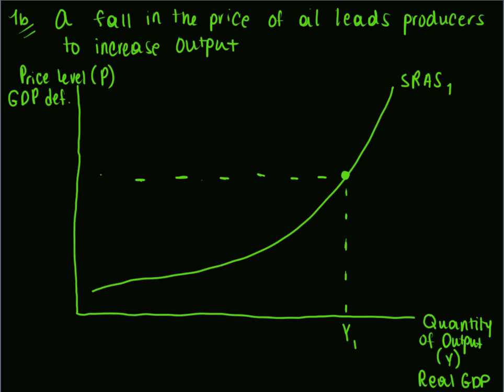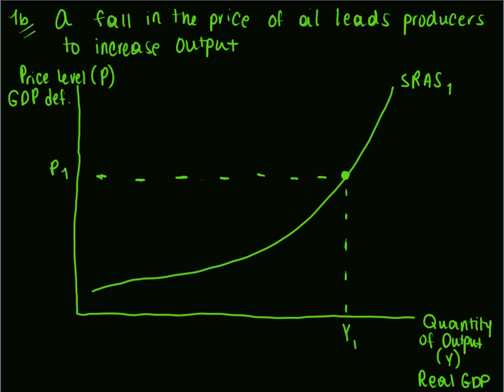Well, the first thing I want to consider is, is this a movement or is this a shift in the curve? Remember that if it's a movement, then the reason for the change, the reason that producers have changed their supply, is because of a change in the price level. If the reason that they've changed their supply is not because of the price level, then we have a shift of the entire curve.